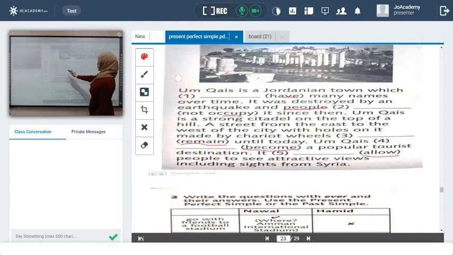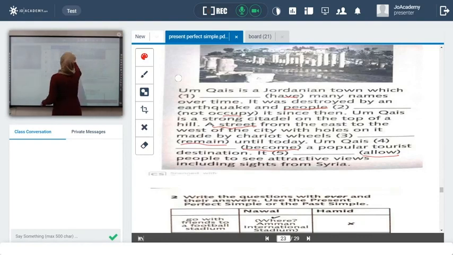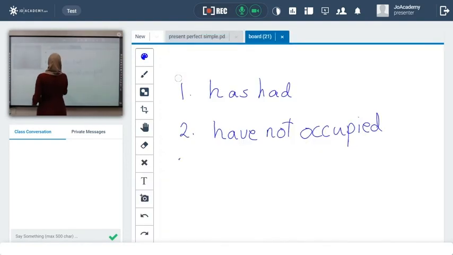Qais is a strong citadel on the top of a hill. A street, one street. A street from the east to the west of the city with holes on it made by chariot wheels remain. So one street, what happened to that street? It has remained.